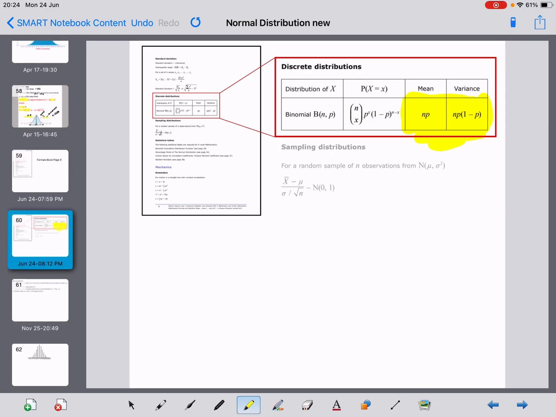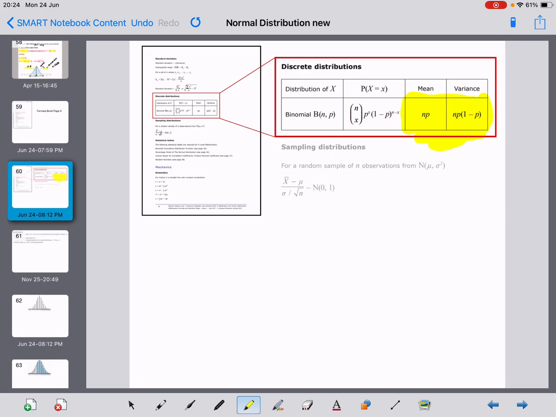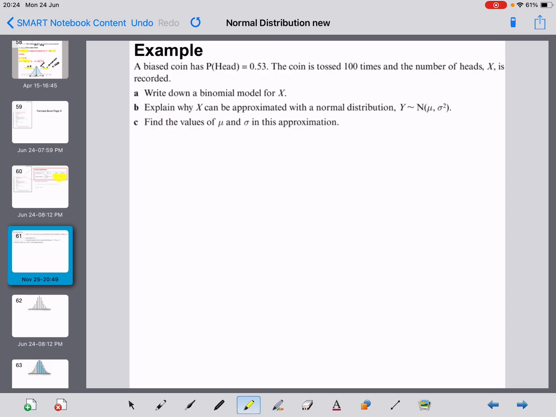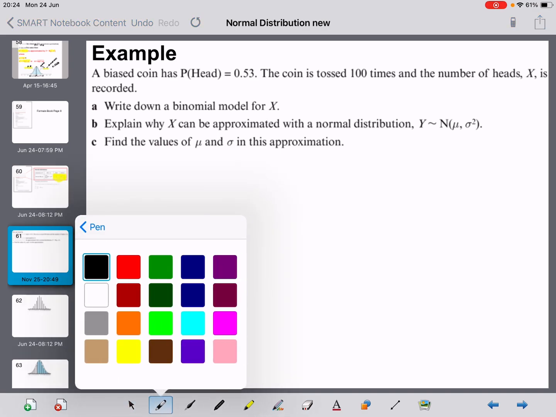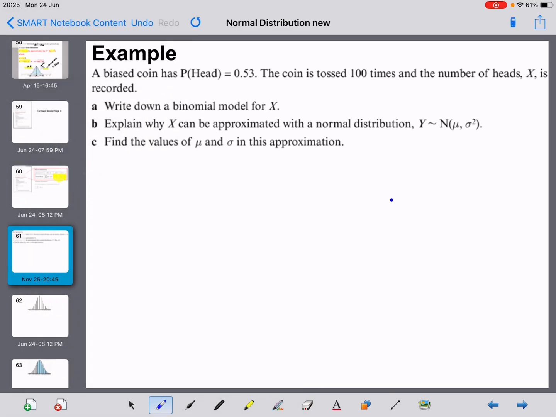Right, so I'm just going to do one question, and then we need to talk about something else. It says a biased coin has a probability of heads of 0.53. So that's our p-value. And the coin is tossed 100 times, and the number of heads X is recorded.